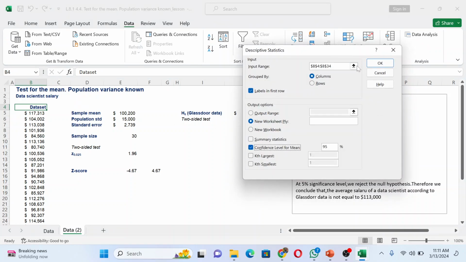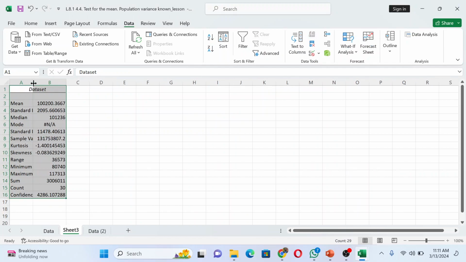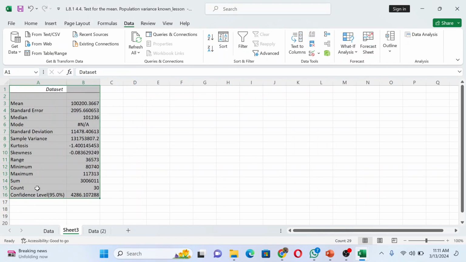And what have I for summary statistics, right? Does it give us the significance, the mean, standard error, median, mode, deviation, variance, kurtosis, skewness, range? No, it doesn't give us the p-value that I wanted.